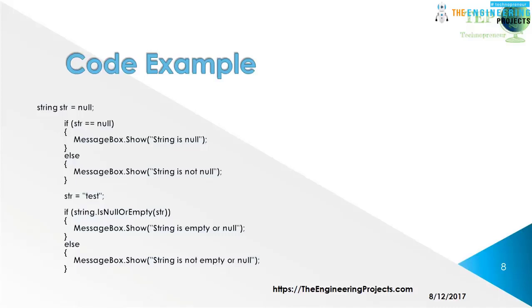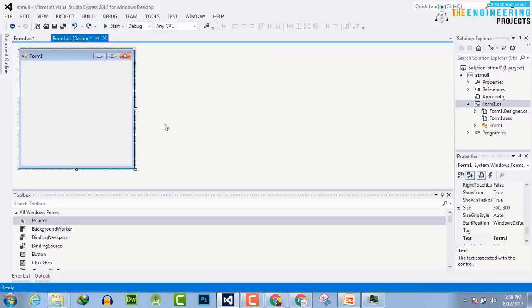There is another test where str is equal to test, and we will use string.IsNullOrEmpty, then pass the variable string in the parameter. Then the message box will pop up and show whether the string is empty or not, else string is not empty or not null.